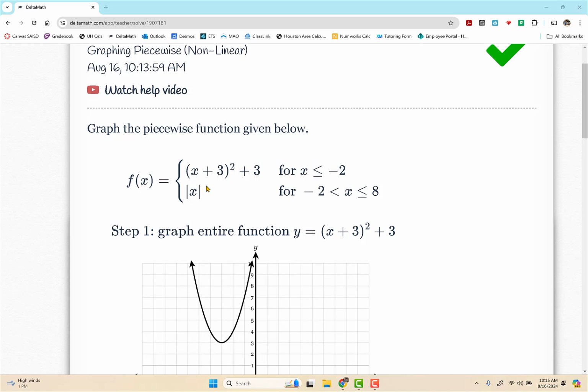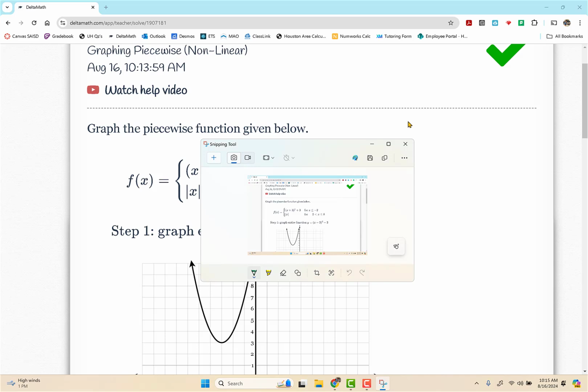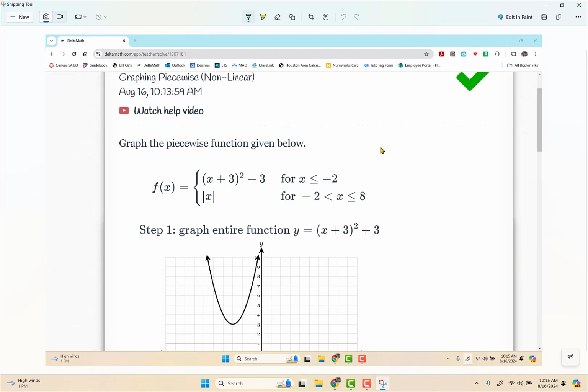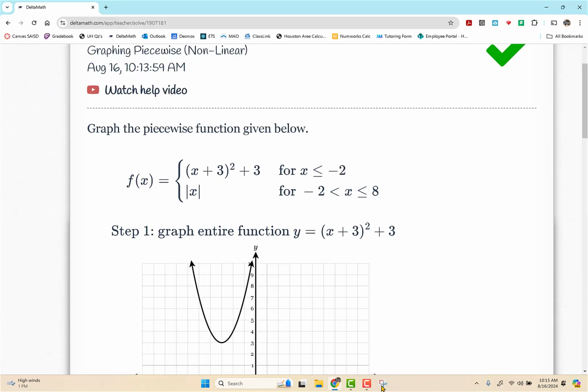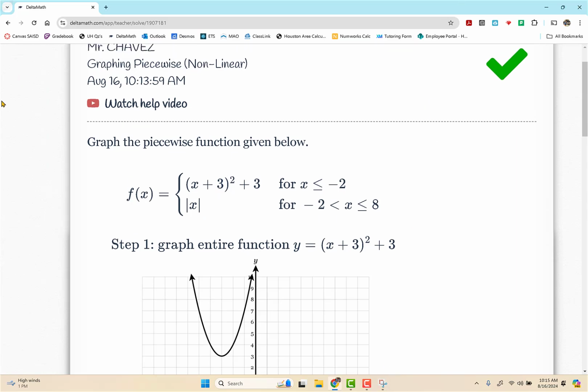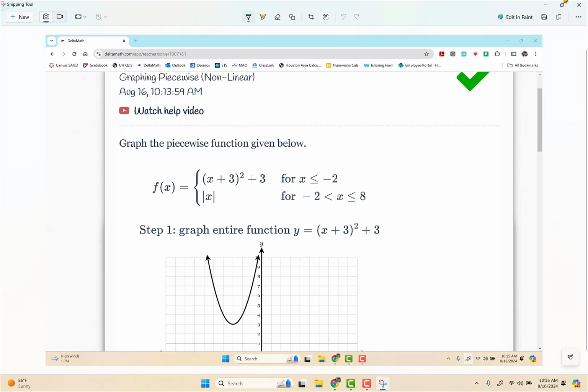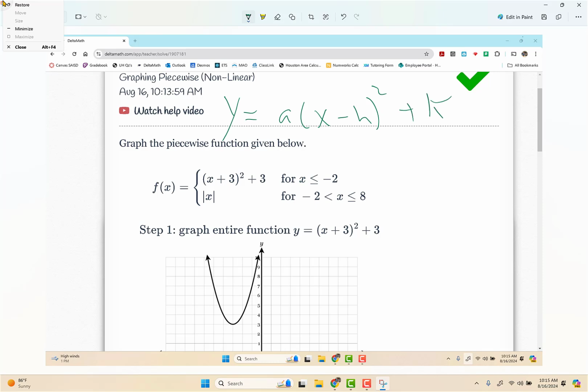Let me see if I can take a screen capture. Come on, buddy. Okay. It's written like, there we go. Oh, that is a screen capture. It's written like this: y equals a parenthesis x minus h close it squared plus k, and the vertex is located forever and ever at h comma k from last year.